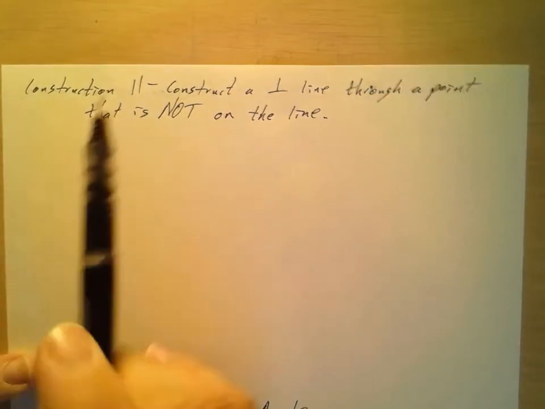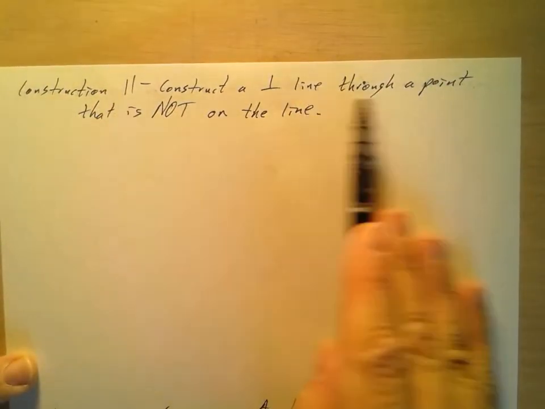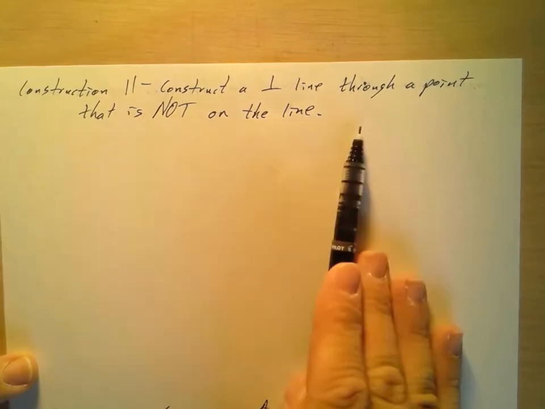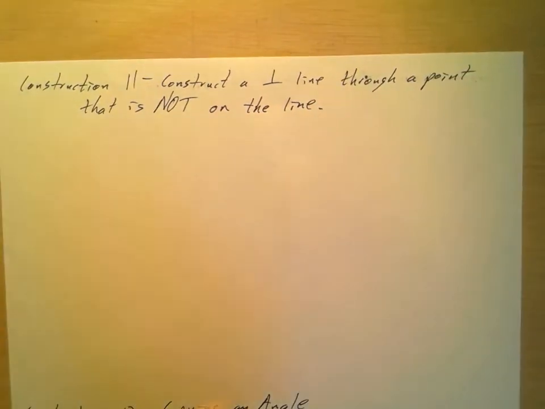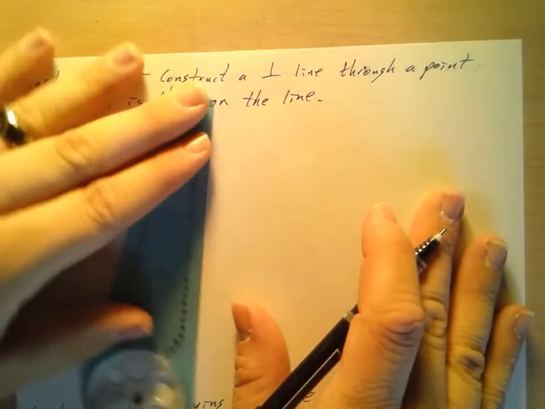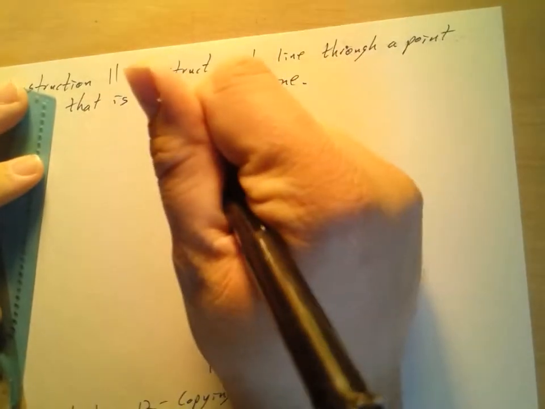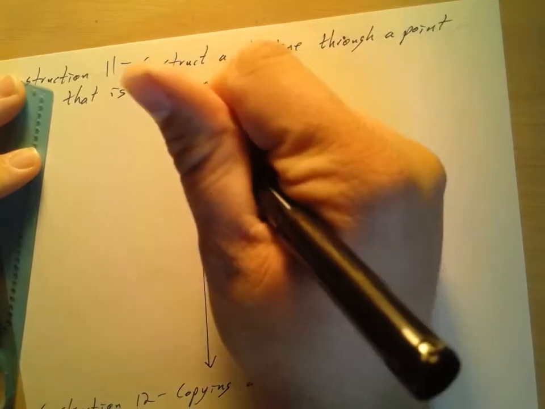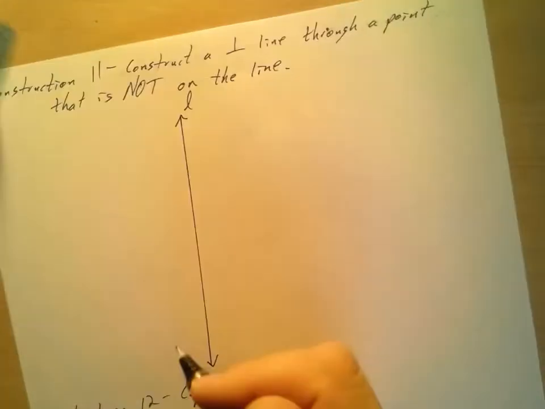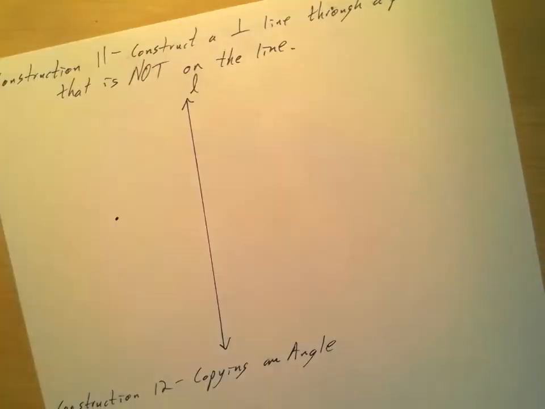So the first thing we're looking at is constructing a perpendicular line through a point that is not on the line. In this case, you'll be given a line. We might call that line L, and you'll be given a point somewhere off to one side.